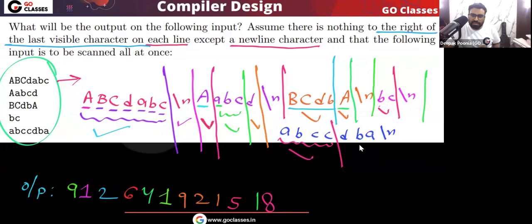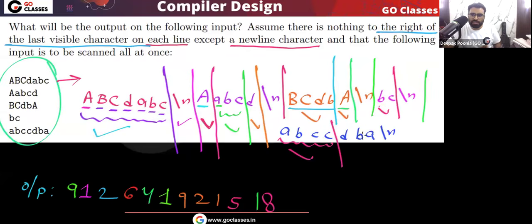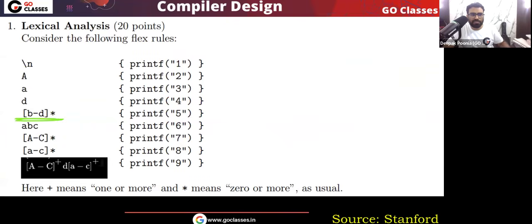After that, there is small db a. You can see small d, small db. This is matching small db. Yes or no? Nothing else is matching, because here there is a plus.